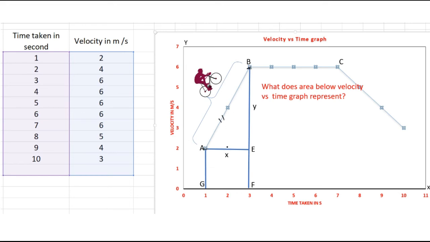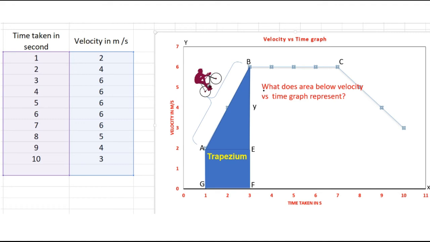One is, area of a triangle. Second is area of a rectangle. All together here, right? All together here, what is the shape of this blue color shape? What is it called? It's a trapezium, right?